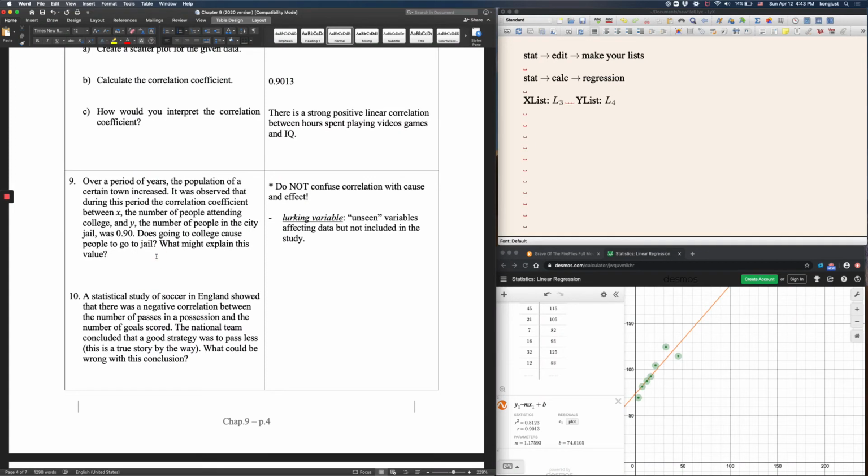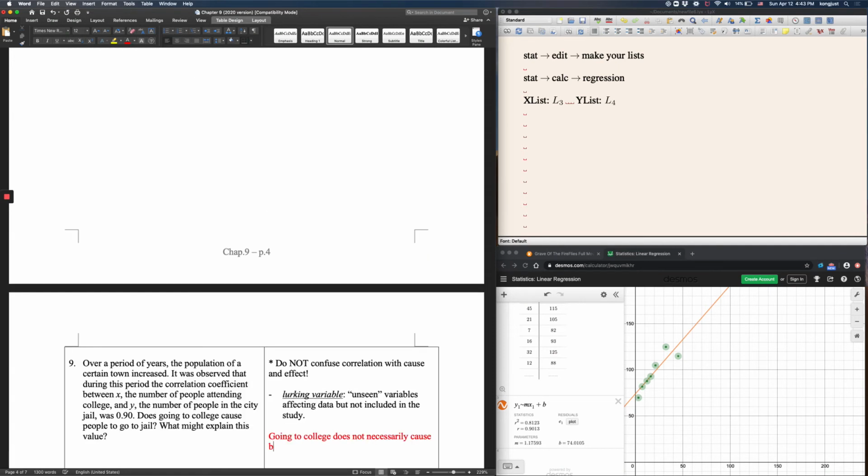So, first of all, answer to the first question. Does going to college cause people to go to jail? Not necessarily. Let's write our answer in red on this side. For some reason, I'm center justified. Okay, so going to college does not necessarily cause people to go to jail.